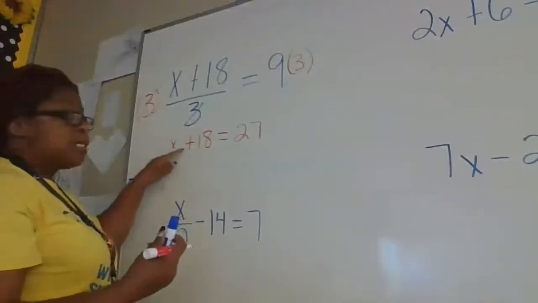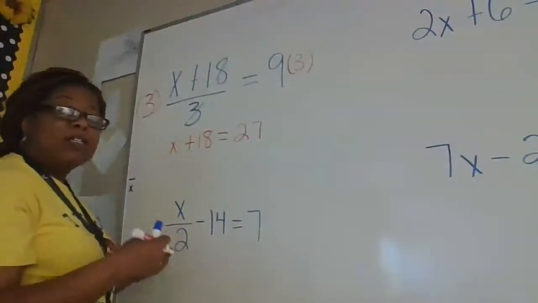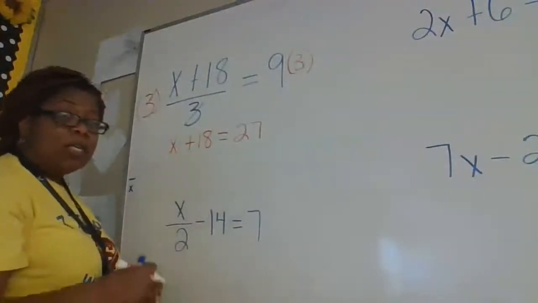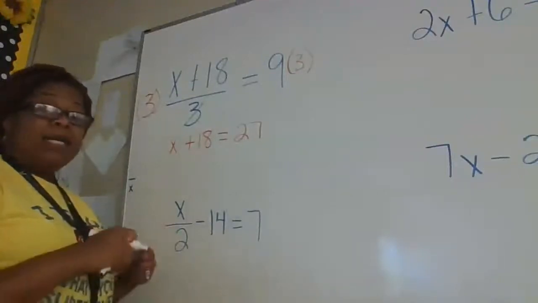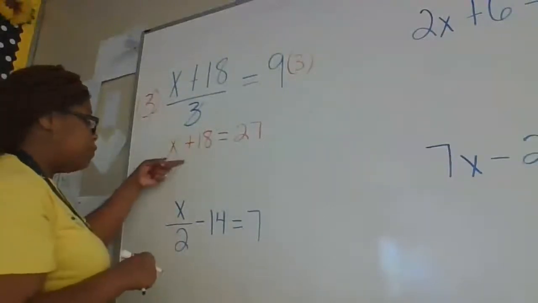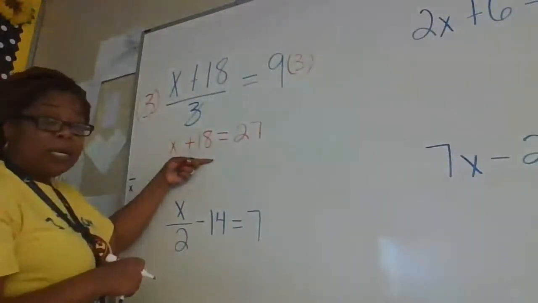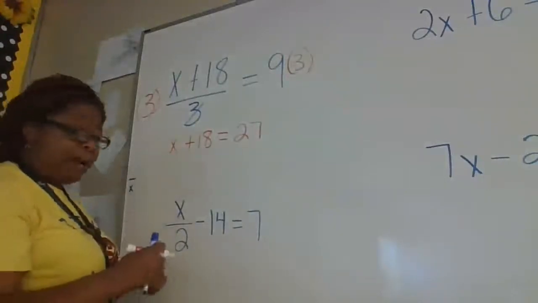Now we have another one-step equation that we are going to solve. Here we have x plus 18. So the original operation is addition. Thus, we want to use subtraction to solve it. I know that when it's all said and done, I need x by itself. In order for me to get x by itself, I need to get rid of 18. Because it's positive, I'm going to do the opposite.